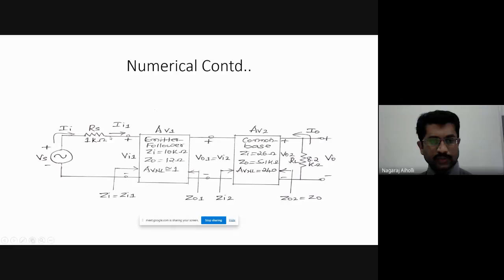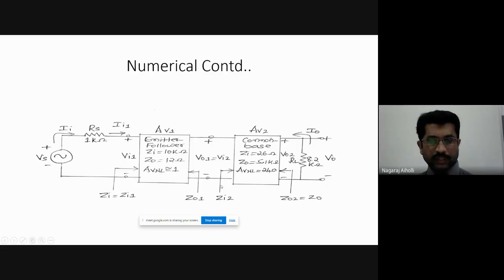Then after the source resistance the current is Ii1 with input impedance Zi equal to Zi1 and voltage across the input terminals is Vi1. Voltage at the output of first stage is Vo1. Input at the second stage is Vi2. Zo1 is the output impedance at the first stage.